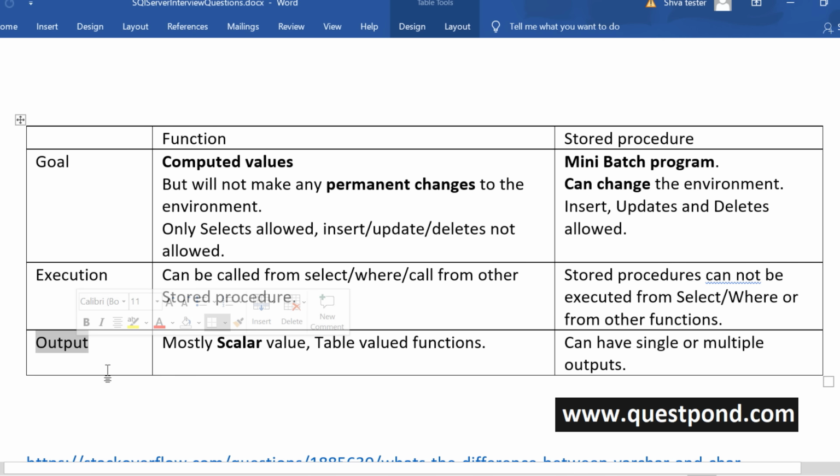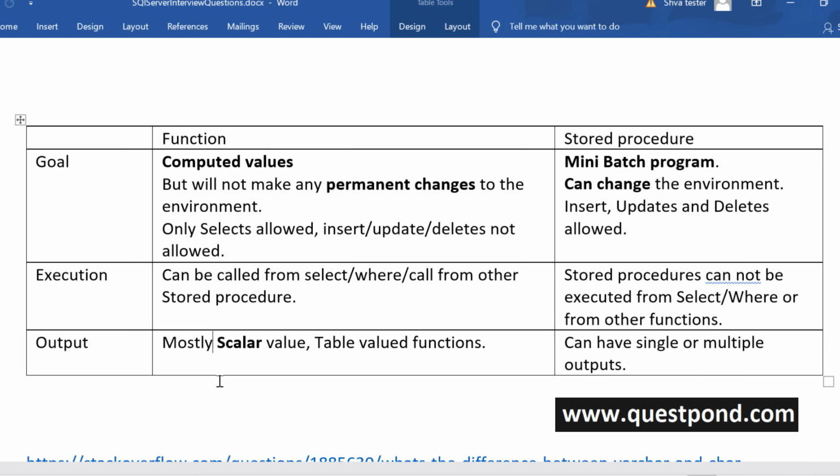And the last one is the output. When you talk about functions, you can have a single value, or you can have a multiple-valued table-valued function as well. And in the case of a stored procedure also, you can have single or multiple outputs. But mostly, developers use functions to return scalar values.